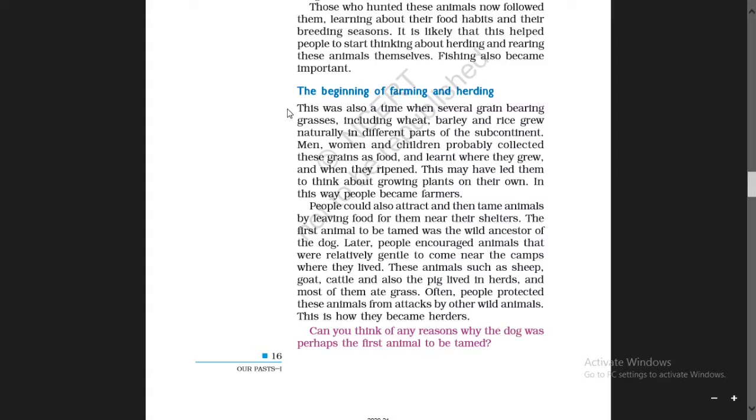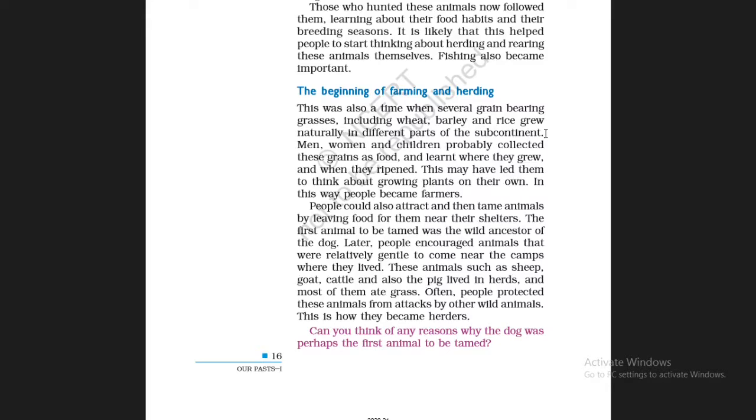This was also a time when several grain bearing grasses, including wheat, barley, and rice, grew naturally in different parts of the subcontinent.